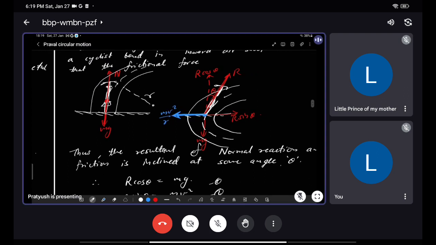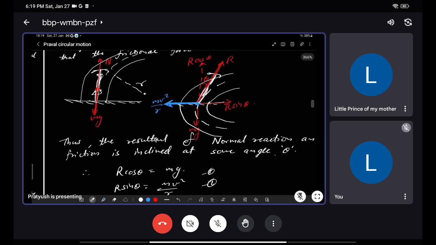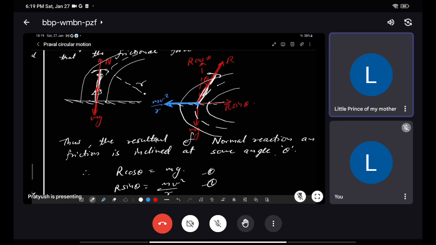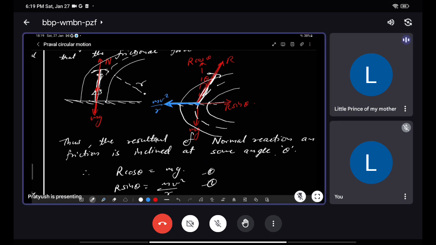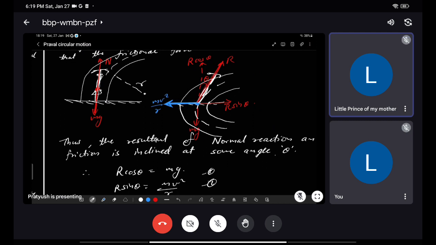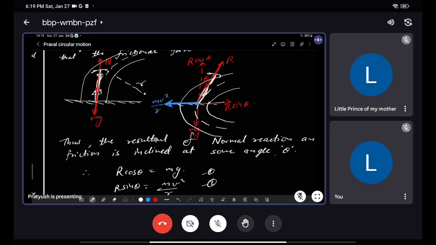Draw on the diagram. The friction sufficient means what, sir? Friction gets sufficient means friction will become more sufficient to prevent the sliding.